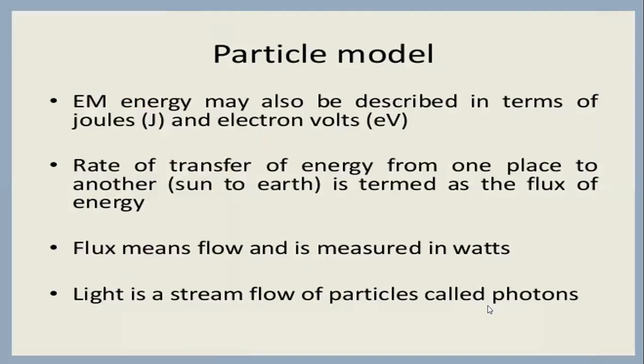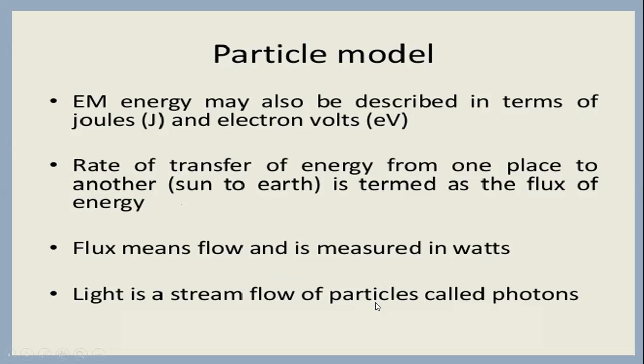So one model is the wave model, and the second model is the particle model. Electromagnetic energy may also be described in terms of joules and electron volts. The rate of transfer of energy from one place to another can be found. We can find the flux of energy, how the sun rays are passing from the sun to the earth, and how the flux flows and is measured.